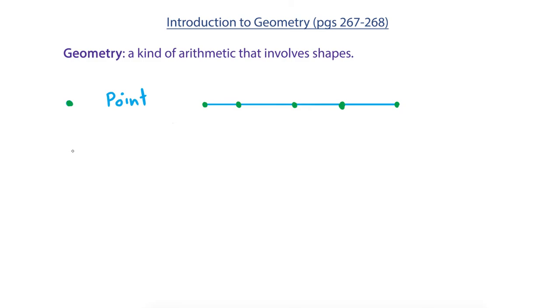And the next thing is two points with a line in the middle. This is called a line segment.